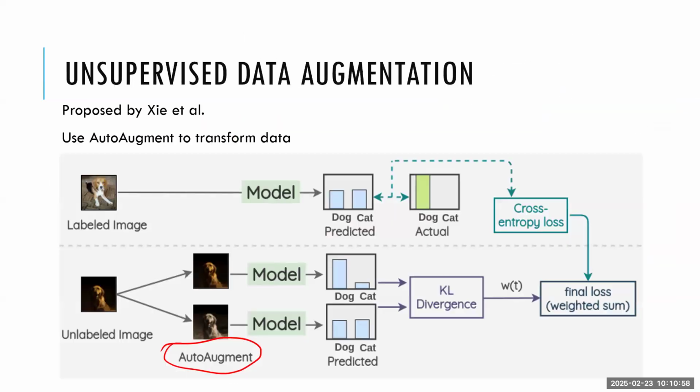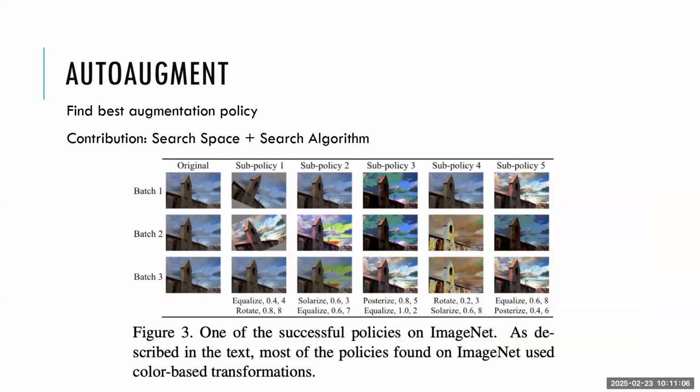How can we do augmentation automatically? We can create an augmentation policy. And one of the successful policies is from ImageNet.